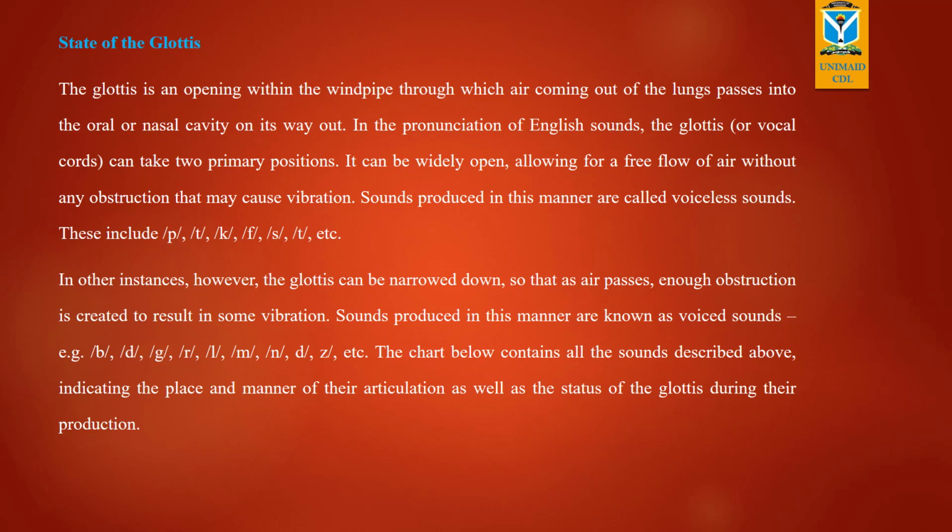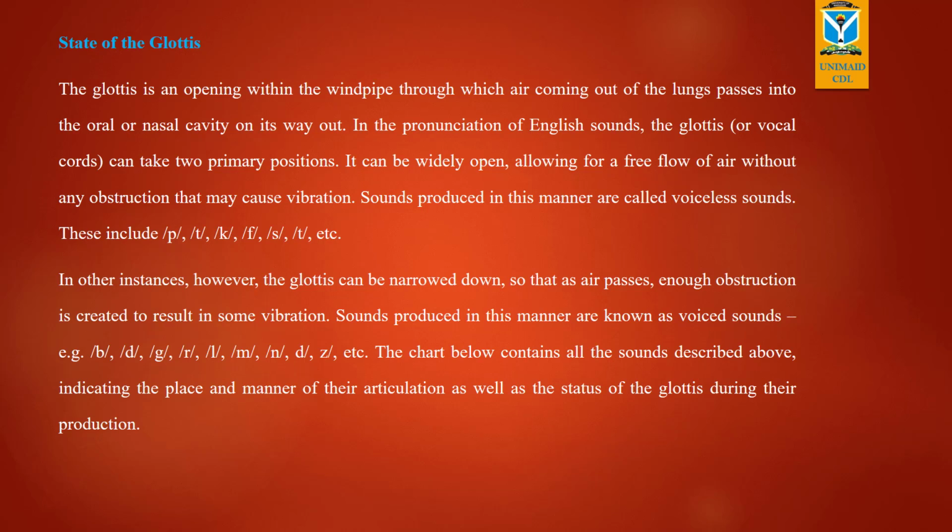By glottis, we mean the opening within the windpipe through which air coming out of the lungs passes into the oral and nasal cavity on its way out. This organ plays a prominent role in determining whether the sound is voiced or voiceless, that is, the degree of opening or closure of the glottis.